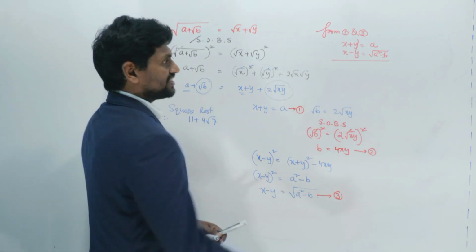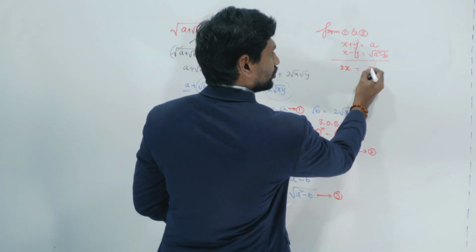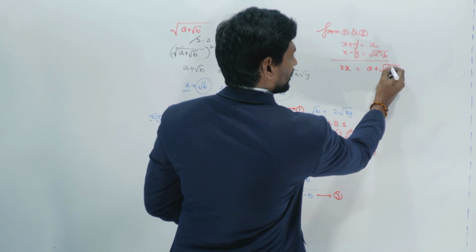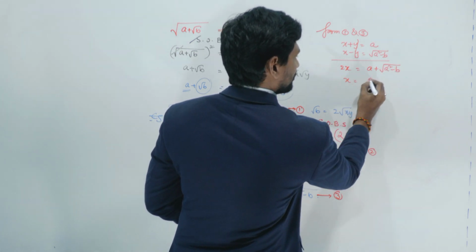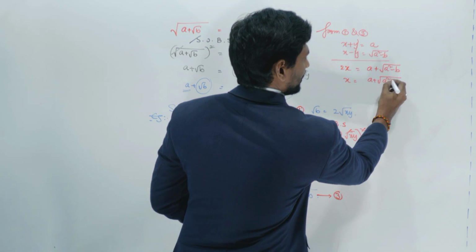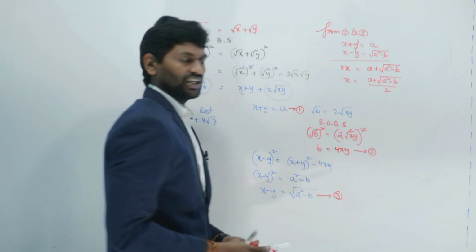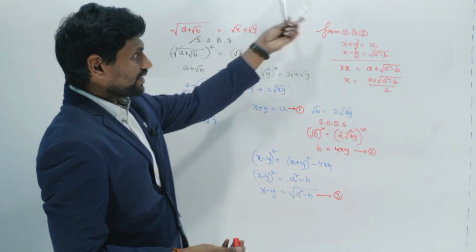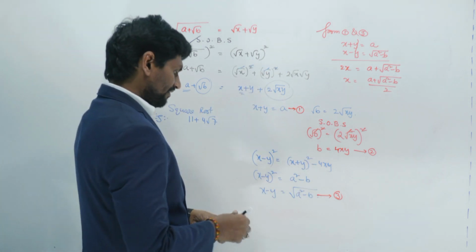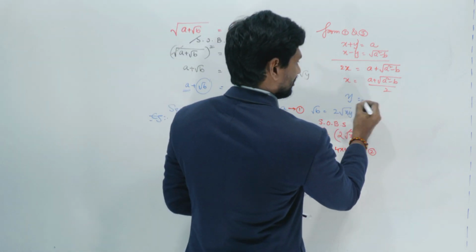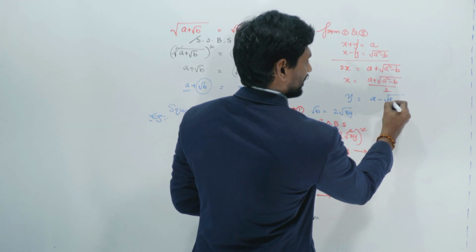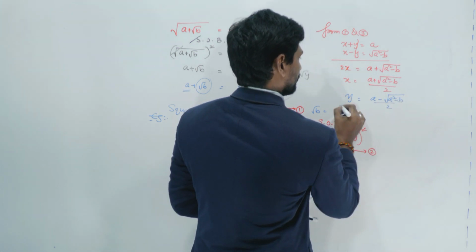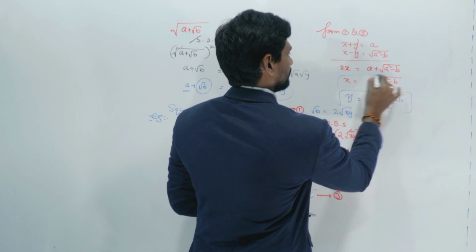Plus y minus y cancel, x plus x is 2x. 2x is equal to a plus root over a square minus b. X is equal to a plus root over a square minus b, by 2. X value we got. If you subtract 1 and 3, you will get y value as a minus root over a square minus b, by 2. Only the symbol will change between them.